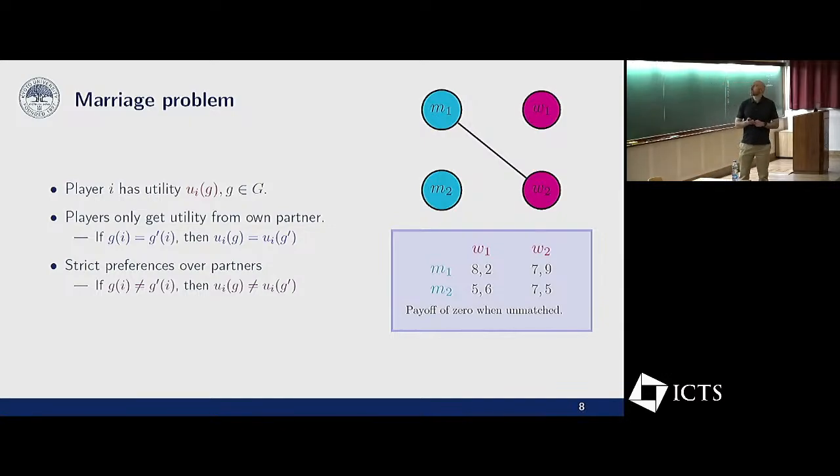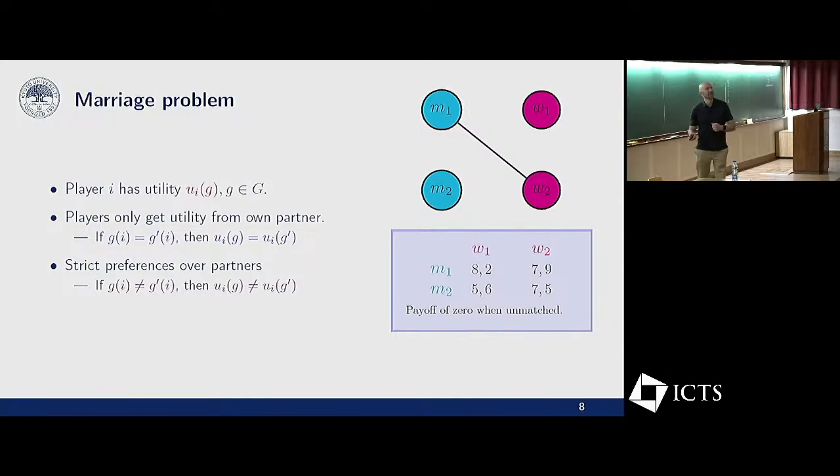So, right, each player is going to get some level of utility, of payoff, UIG, from a match. But when I say from a match, they're only going to get utility from their own partner. Right? That's an assumption. In reality, you can assume models where people care about their friends, like the quality of their friend's spouse as well.